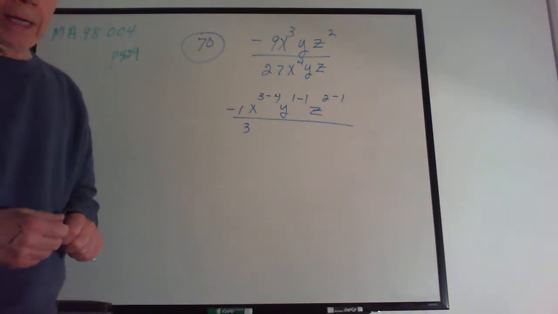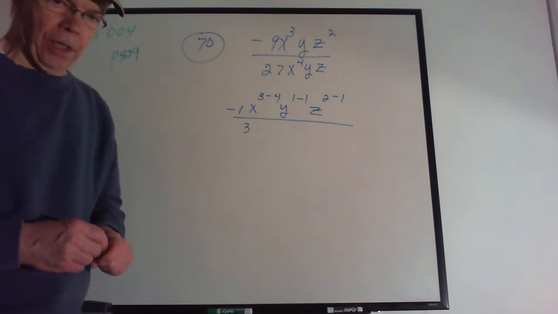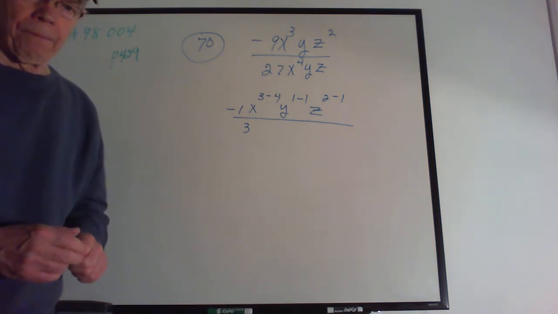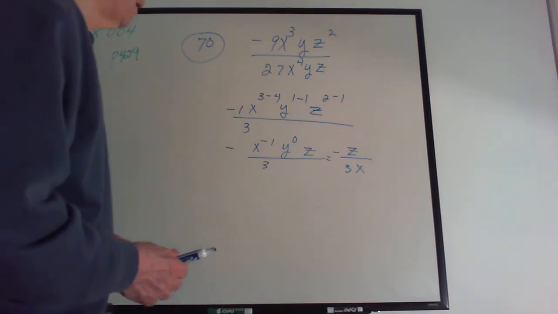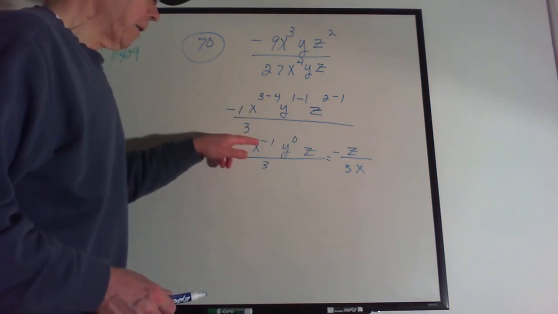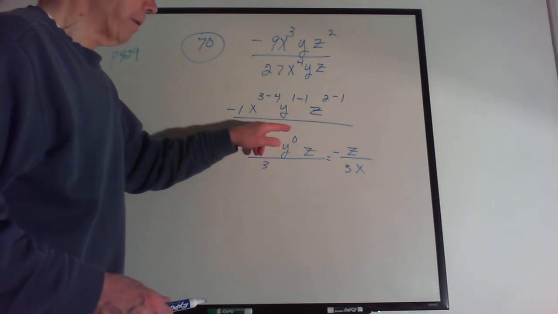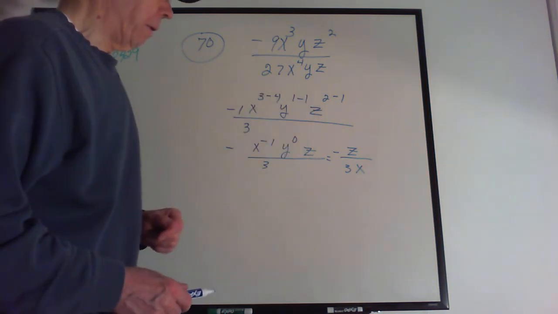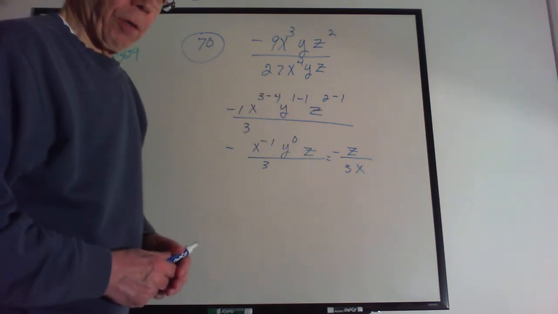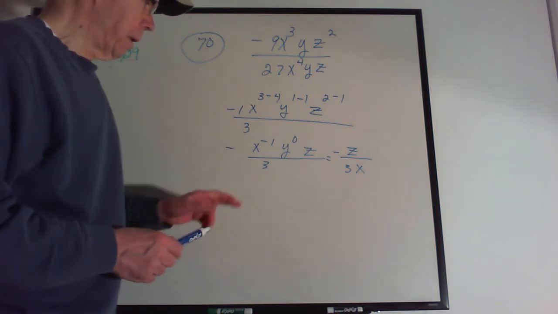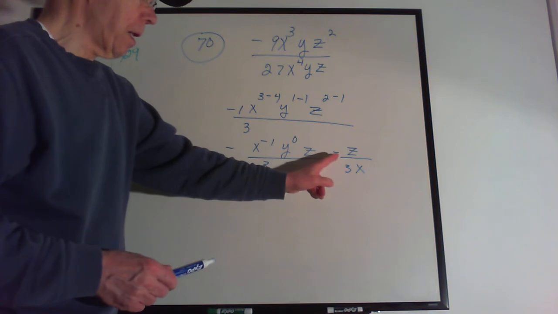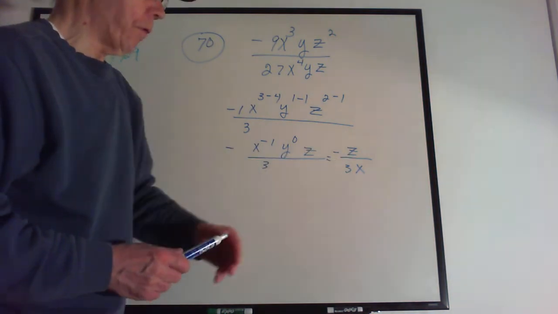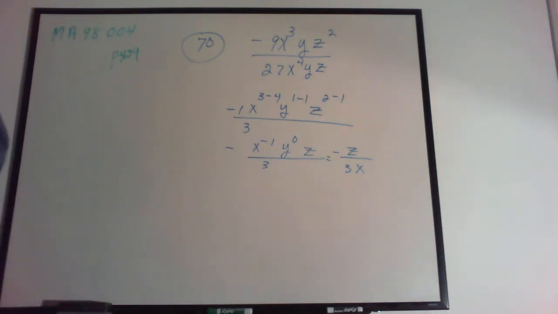So go ahead and finish this, pause the video, and then turn it back on. So when I subtract, I get x to the negative 1, y to the 0, and z to the 1. Y to the 0 is 1. Negative 1 I'm going to put in the denominator. So the final answer is negative z over 3x.